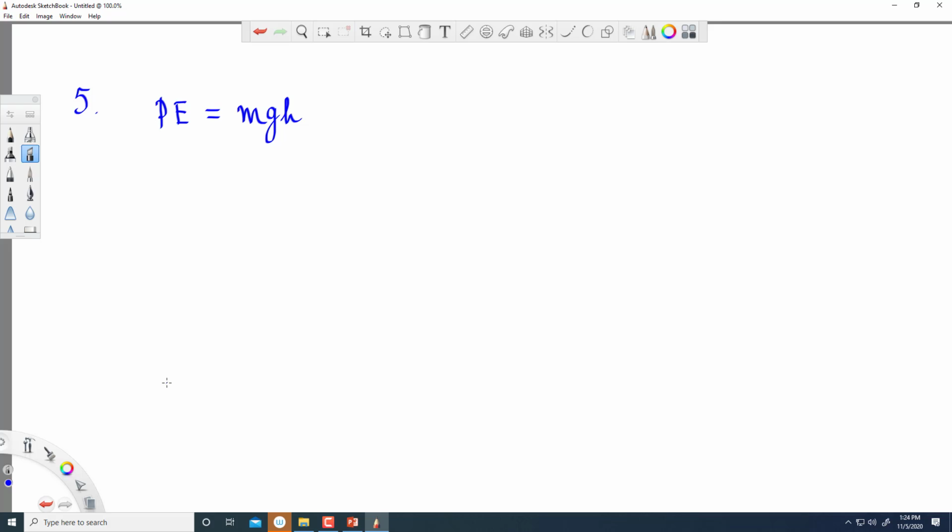And we want to find height. This is what we want to find. So how do we write this in terms of height? I want to rearrange this and write it in terms of h. You guys tell me what would be the height. So how do I write h? H would be equal to what?